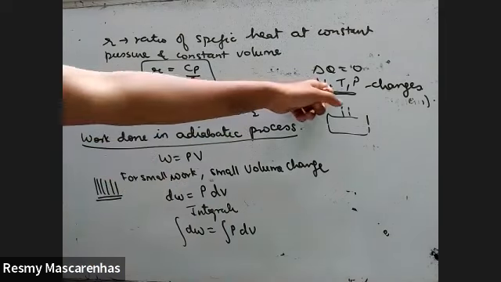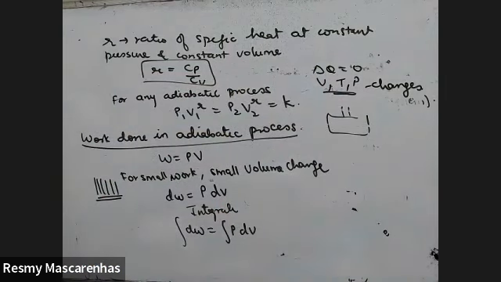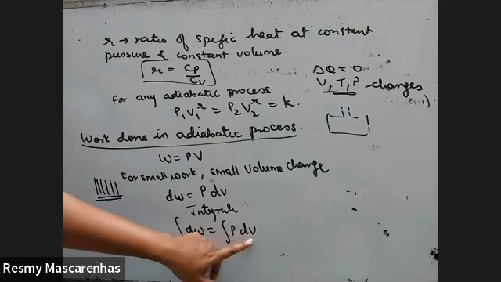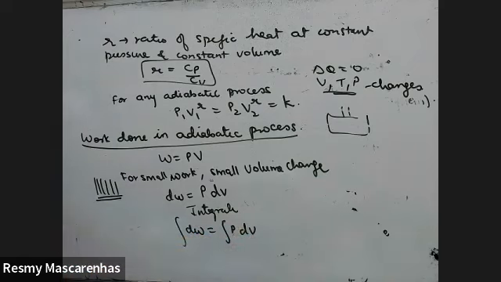P can change. As long as it can change, it is not to be taken out. Only if it's a constant, you can take it out of the integral sign. Now this is V and this is P. We cannot integrate with respect to V when there is P. The same letters have to be there.